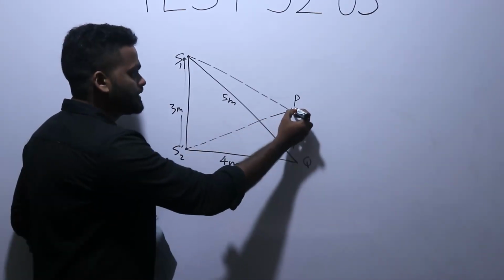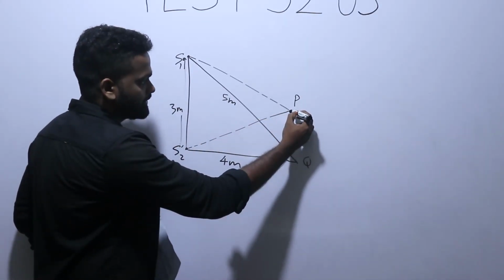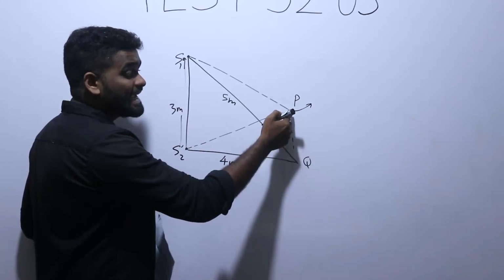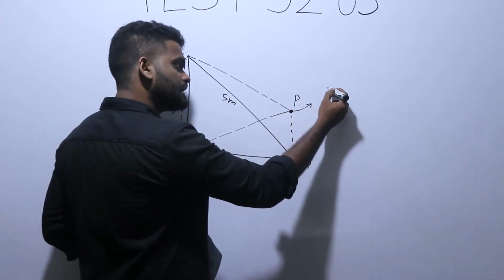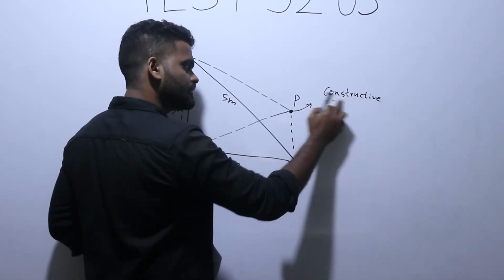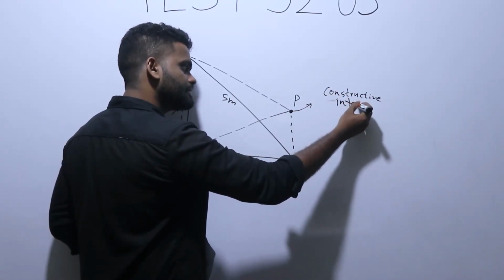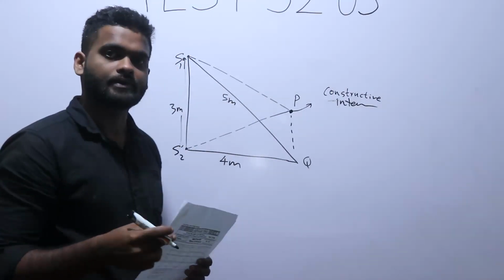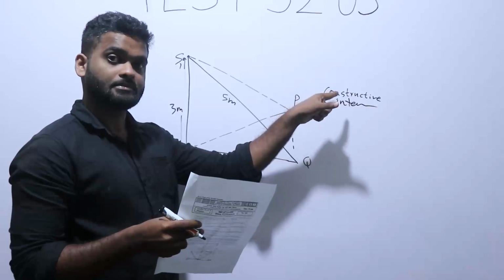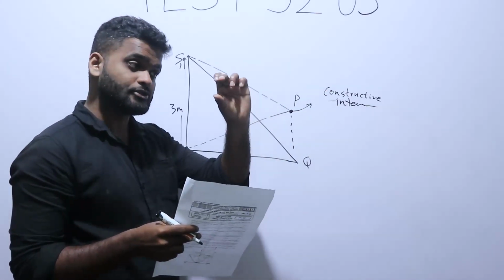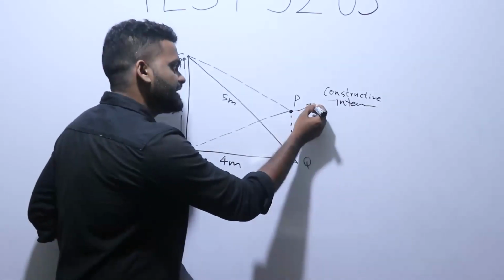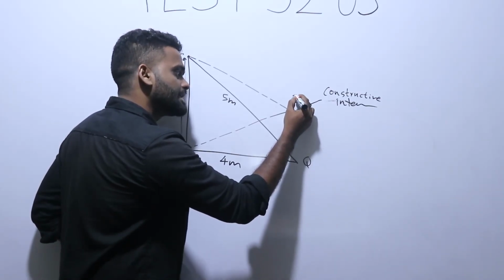Then we have a detector here at P. They say it has a maximum intensity, meaning there's constructive interference. I'm not going to explain the theories. So at P there's constructive interference, which is why it has a maximum intensity. Maximum intensity means those waves have the maximum amplitude.